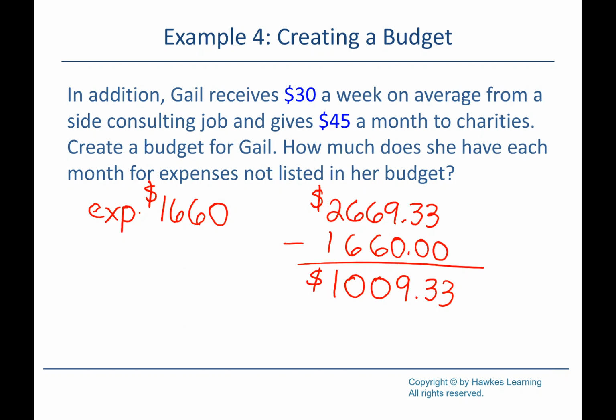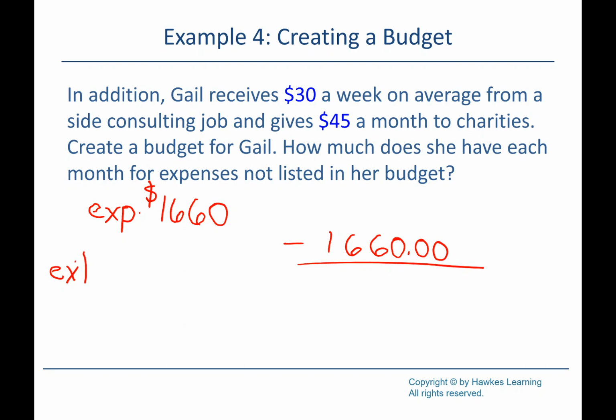Oh no, I left something out. We've got to fix our income number. How much extra income is she making? You've got $30 a week on average.